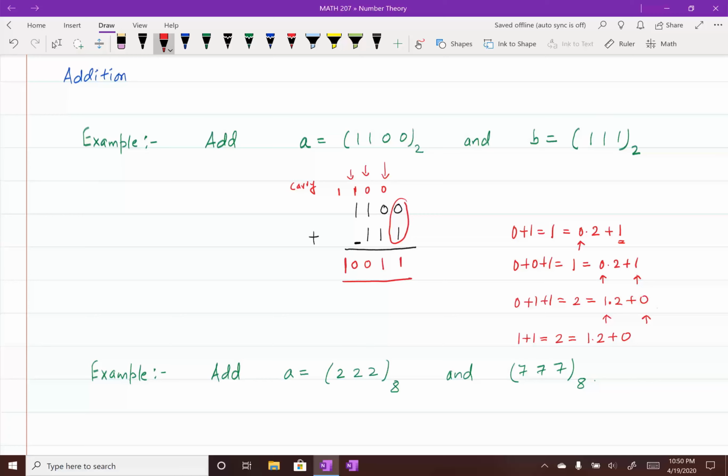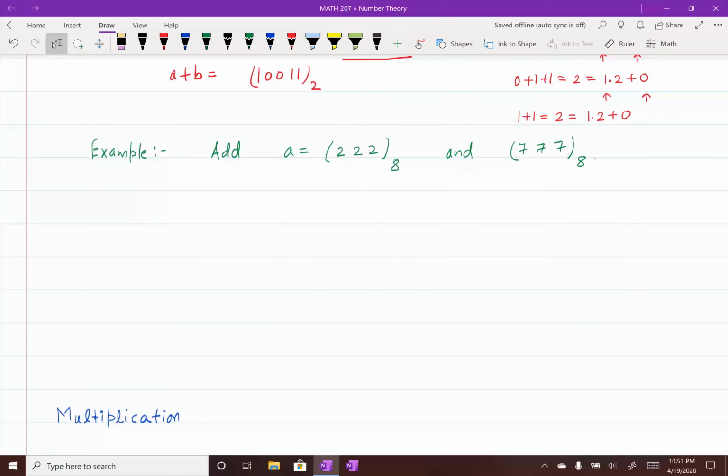So the addition of a and b is going to be a plus b equal to 10011 with the base 2. Remember, by applying our division rule and taking the quotient as a carry and the remainder as the digit, you can add two integers together.